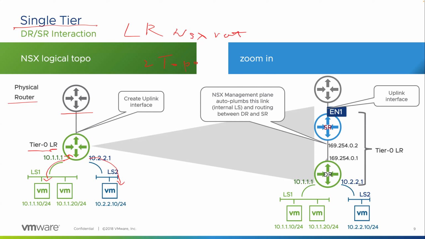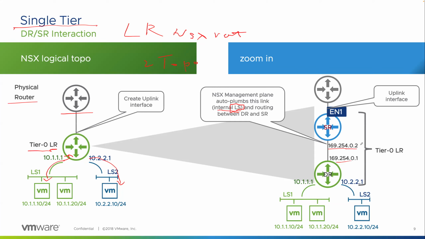What about the interconnection between SR and DR? There's an interconnection which is internal, so you don't need to care about the internal segment or logical switch. NSX will handle this automatically.